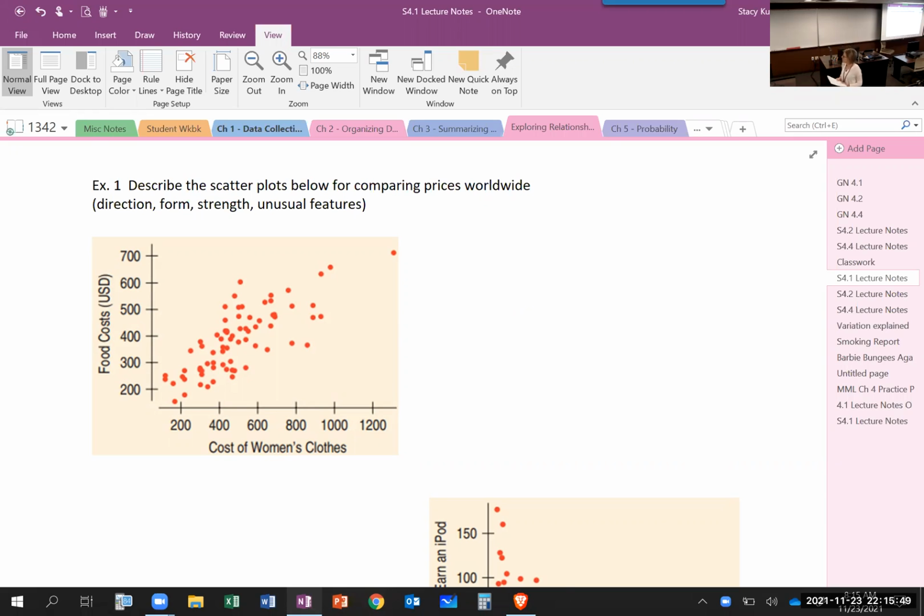So in this particular scatter plot, we're talking about the cost of women's clothes and the food costs. You can pretty much throw any two variables in a scatter plot.